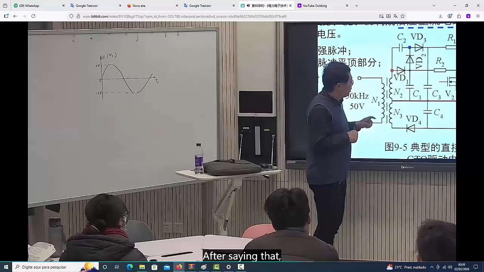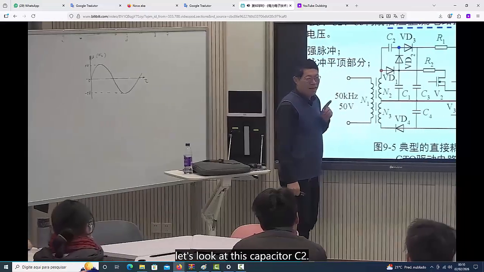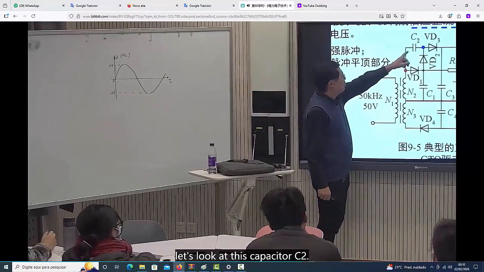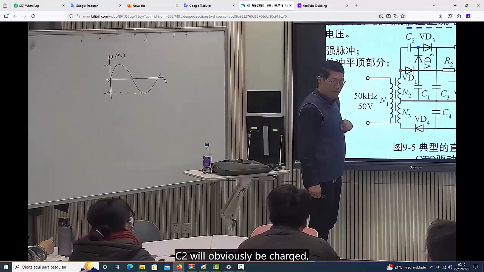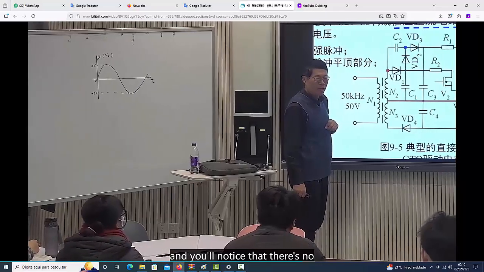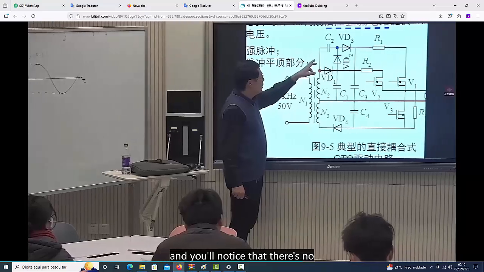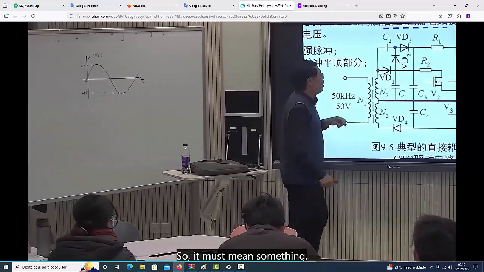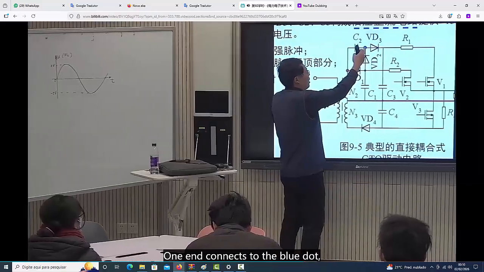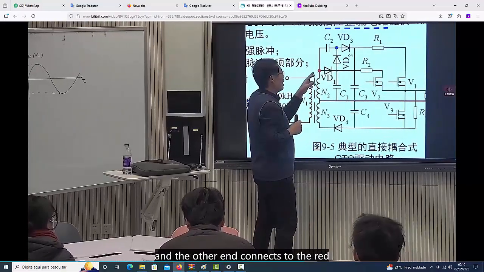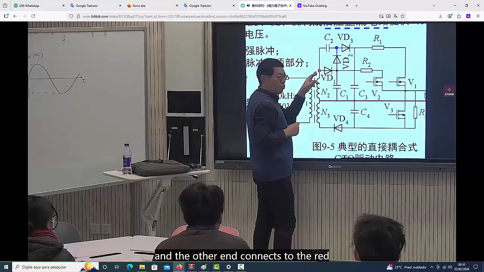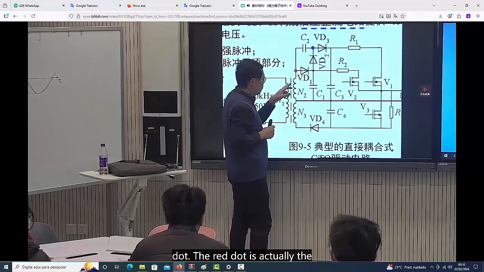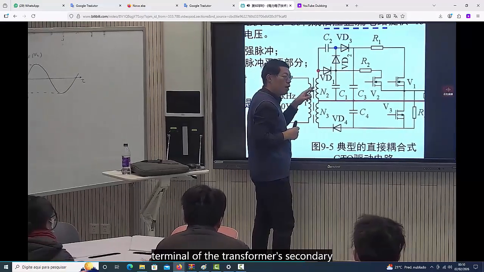After saying that, let's look at this capacitor C2. C2 will obviously be charged, and you'll notice that there's no resistance here. So it must mean something. One end connects to the blue dot, and the other end connects to the red dot. The red dot is actually the terminal of the transformer's secondary winding N2.